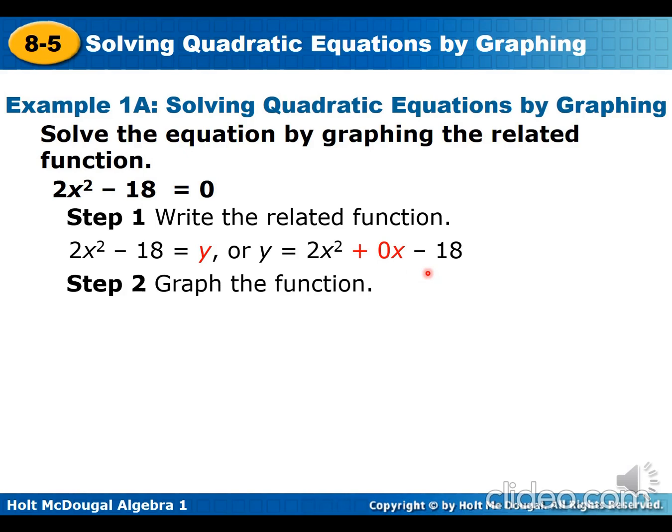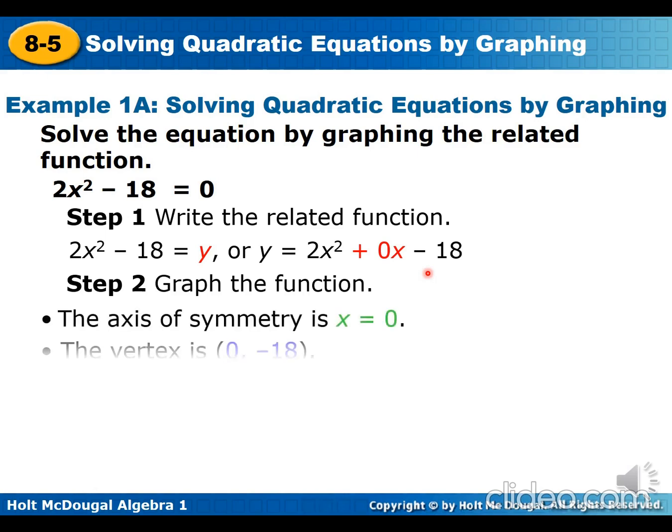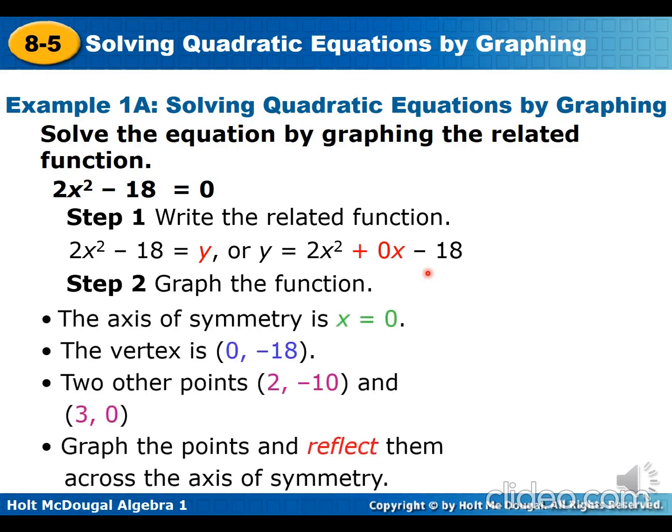Step 2, graph the function. How do we graph the function again? Who can remind me? Yes, it's just like 8.3. We find the axis of symmetry. We find the vertex. We get two other points. How can we get two other points? We just pick two x's and substitute to find the y's. So we pick, for example, 2 and 3. Substitute the 2, the y will be negative 10.